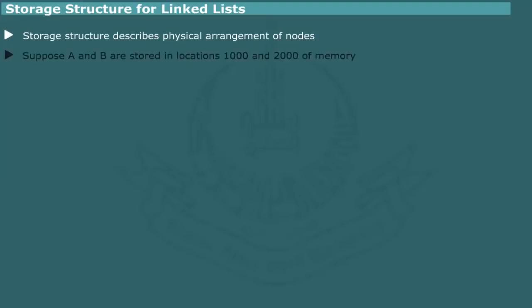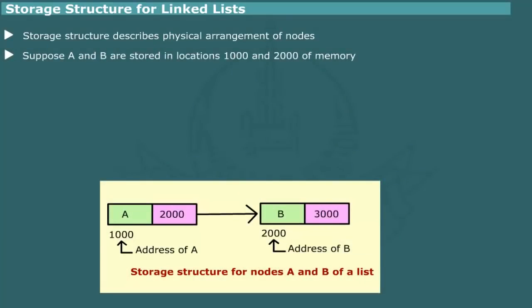For example, suppose that A and B are 2 nodes in a list, such that they are stored in memory locations 1000 and 2000. If B is a successor to A, then link pointer of A would contain value 2000, that is, the storage address of B. This is schematically shown in figure.